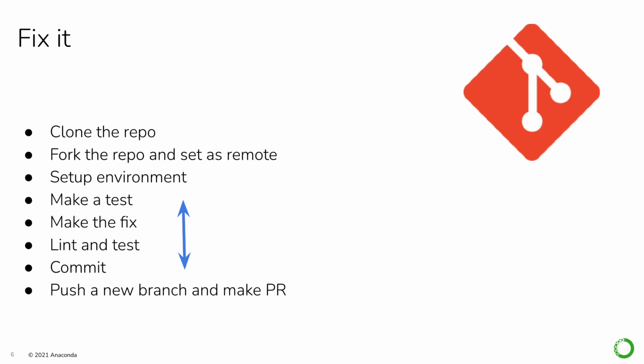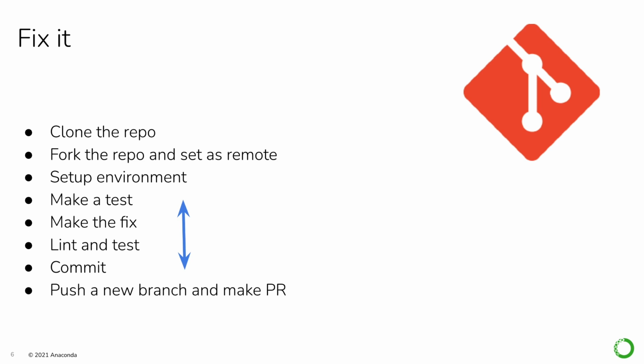You will want your own copy of the code, so you clone the repo. You will also want a copy of that repo on your personal GitHub account. You will want to have an appropriate environment for coding in. Often there are instructions in the repo as to what that environment should be for development work. And then you'll be coding. You will make fixes. You will make tests, not necessarily in that order.